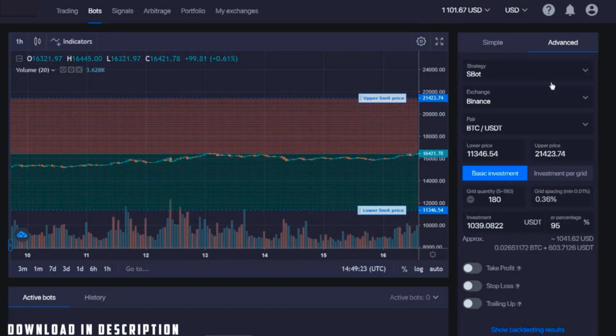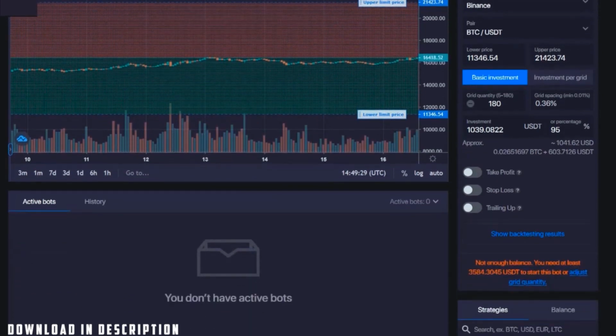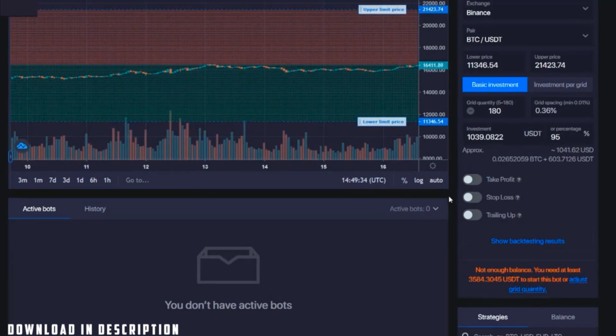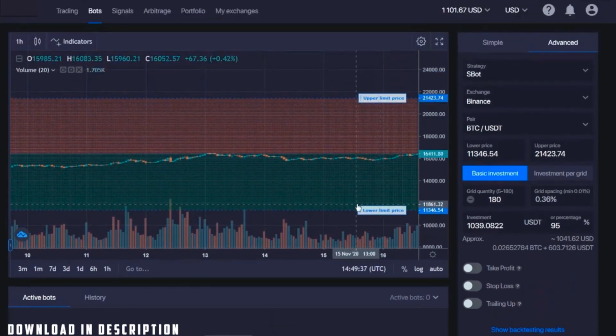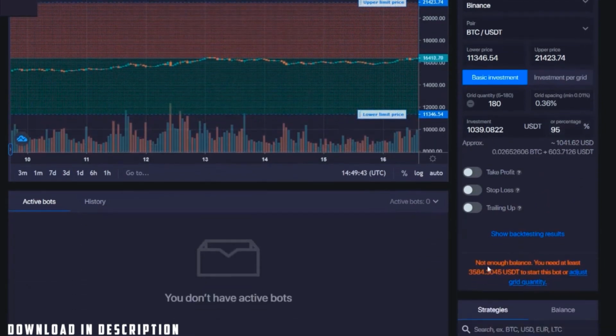So what I was saying before about small investments like this, it's reasonably small, $1,000, it's not too big, it's going to have a problem if you wanted to have an enormous grid shape. Remember what I said, that every single grid represents a buy and a sell. So they will want to have available funds for placing these buys and sells.